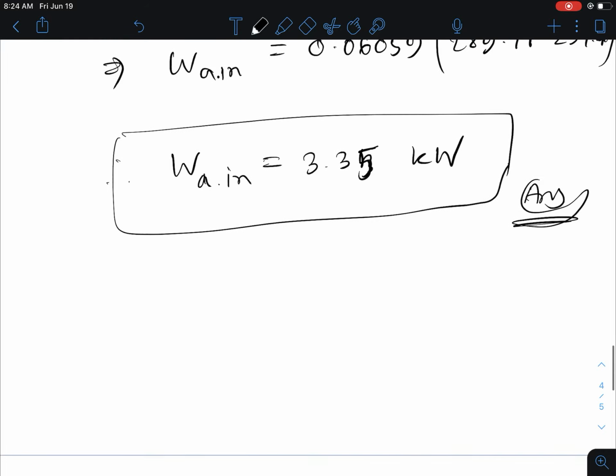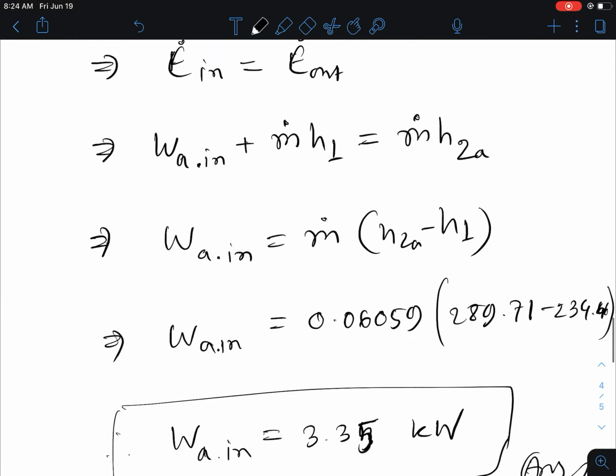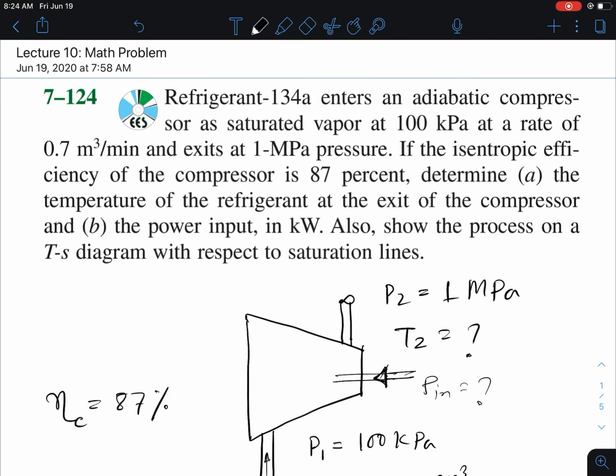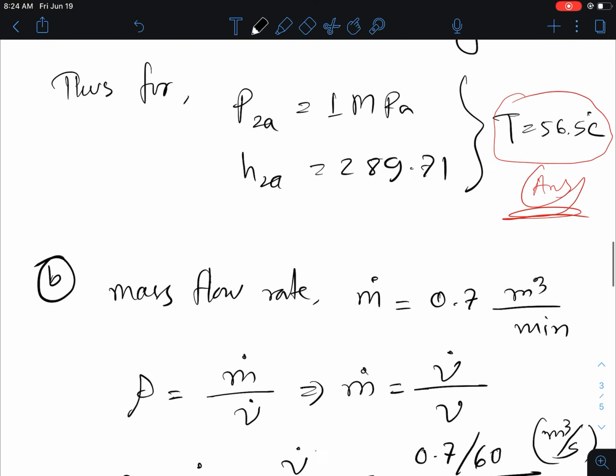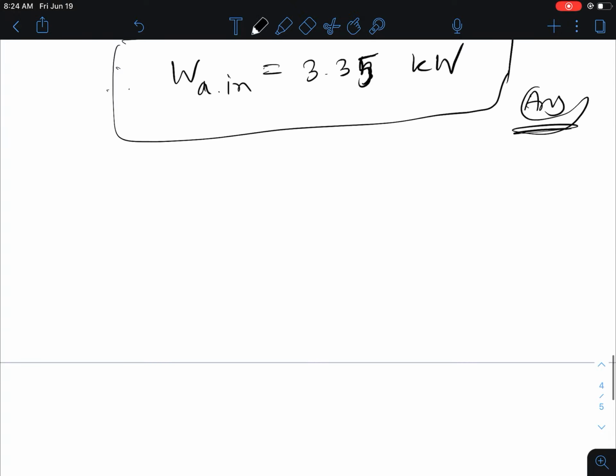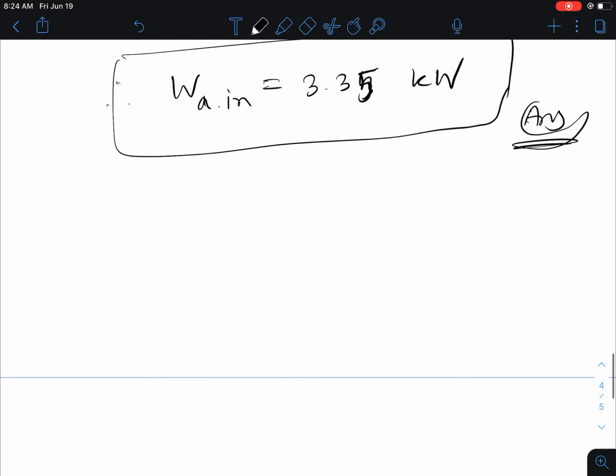Now it's asking us to also show the process on a TS diagram with respect to the saturation line. If we know all those conditions now, and we have a saturation line, then we can show how this process is happening.